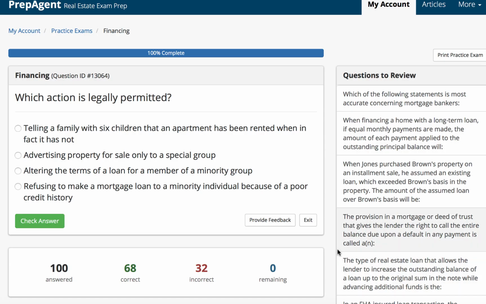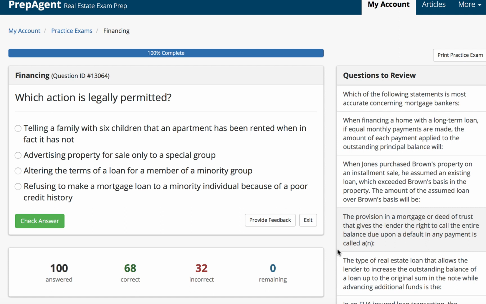Which action is legally permitted? Telling a family with 6 children that the apartment has been rented when it in fact has not. Advertising property for sale only to a special group. Altering the terms of a loan for a member of a minority group. Refusing to make a mortgage loan to a minority individual because of poor credit.